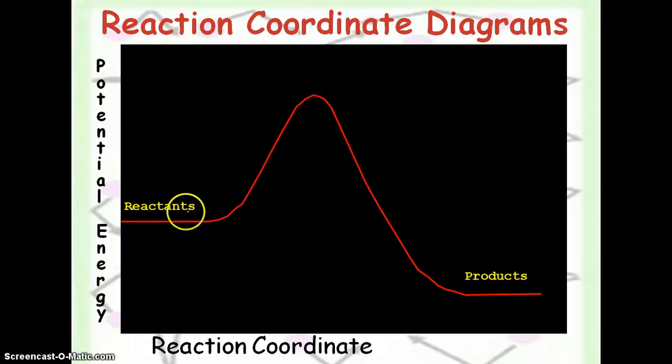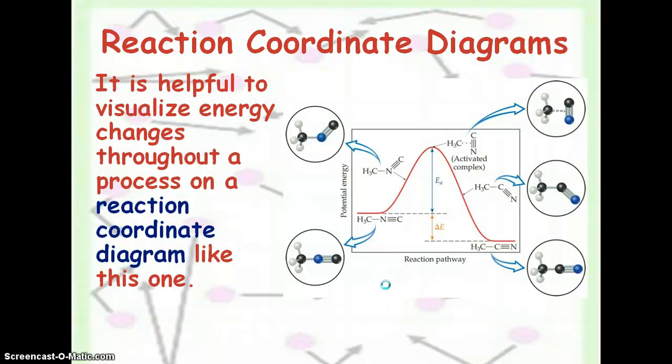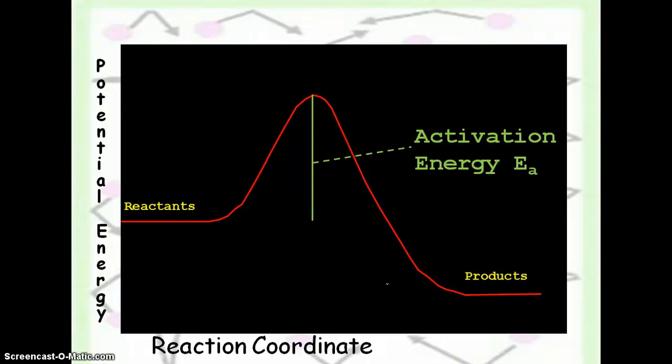So reactants are always the first part, and products are always the second part. This diagram is going to show us the change in energy of the reactants and the products, okay, which will also allow us to see the overall change in energy.